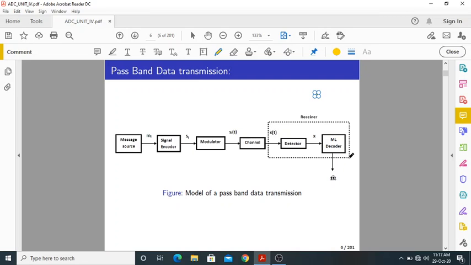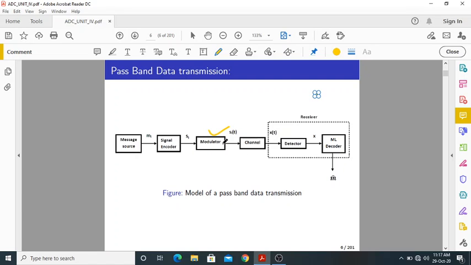Now in the receiver part, you receive x of t. The receiver has two blocks, namely a detector followed by a decoder. So now we have to discuss what the detector is and what the decoder is. We have done the modulator, at least for BPSK.